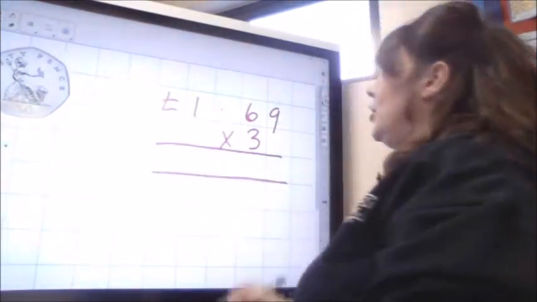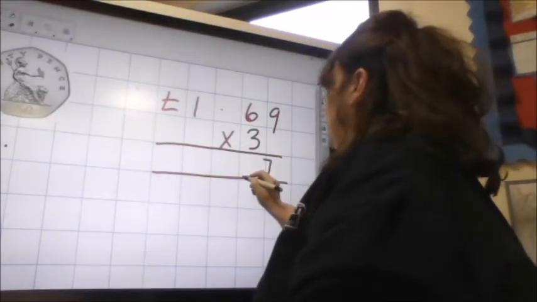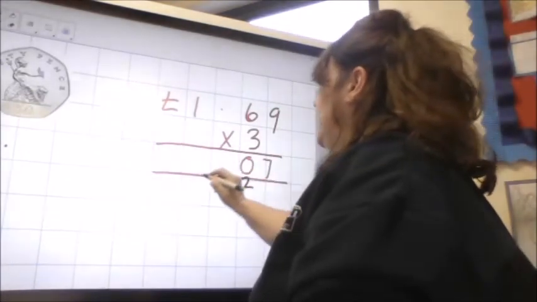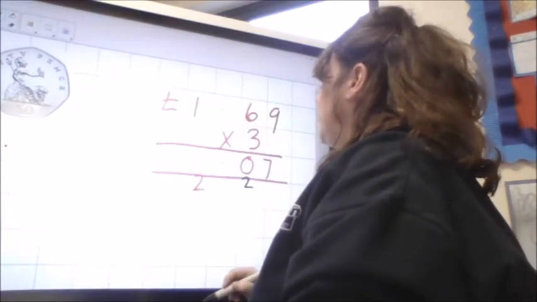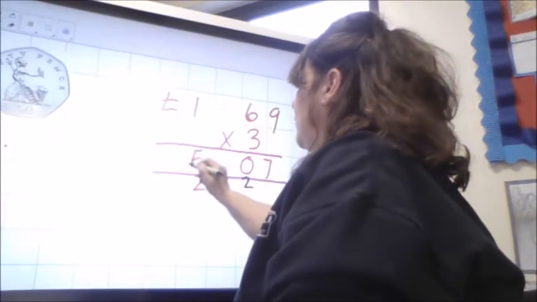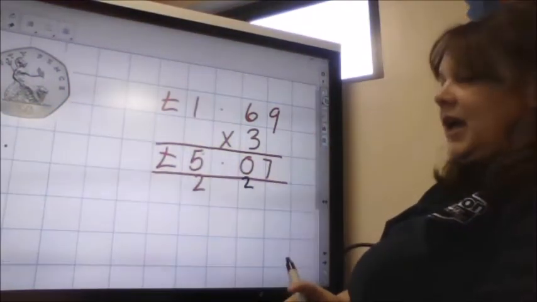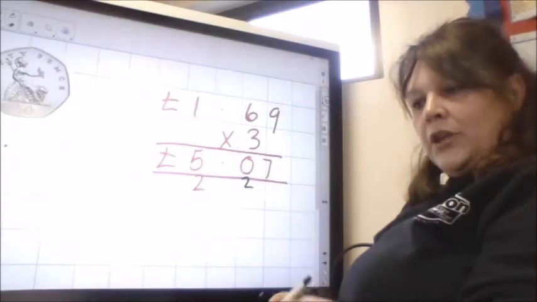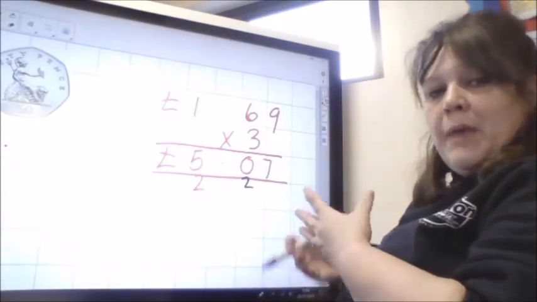Okay, so 9 threes, 27, 6 threes are 18, plus 2 is 20, decimal point in. 1 times 3 is 3, plus 2 is 5. So £1.69 times 3 is £5.07.